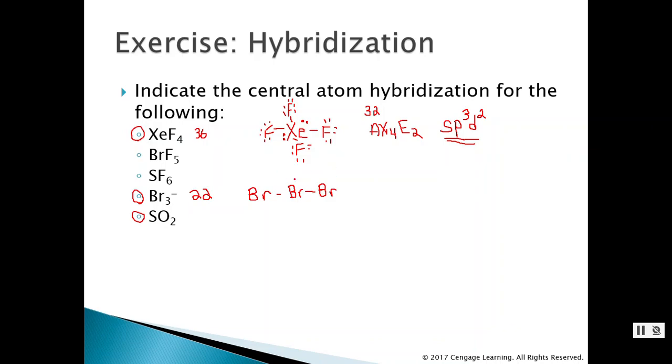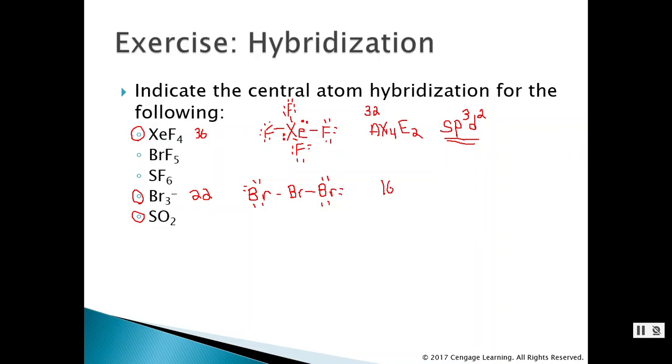So I'm doing my little sketch here. I have my central bromine, single bonds first, 2, 4. I've used 4 of my 22 valence electrons. Octets on the outer atoms: 5, 6, 7, up to 16.